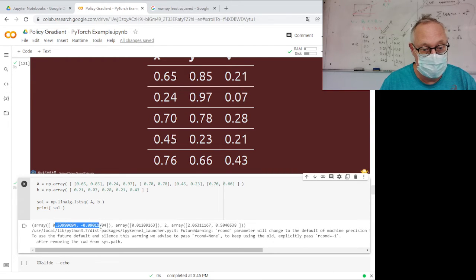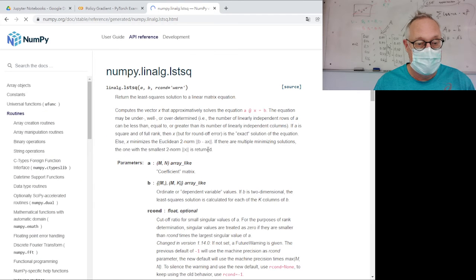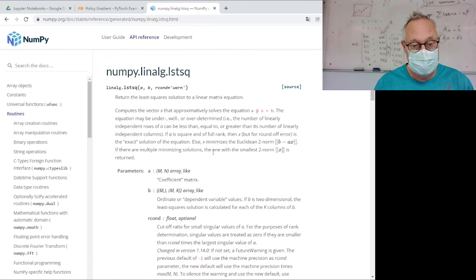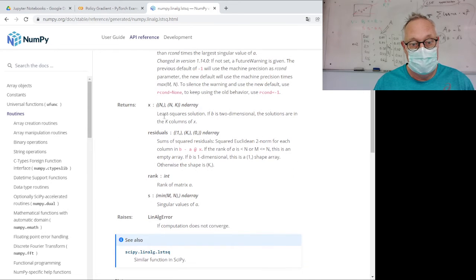And then here's our answer for theta 0 and theta 1. And it also gives you, so x is the least squared solution, the residuals, which gives you the size of the error that you get.